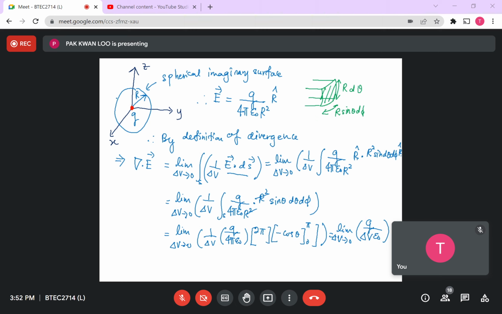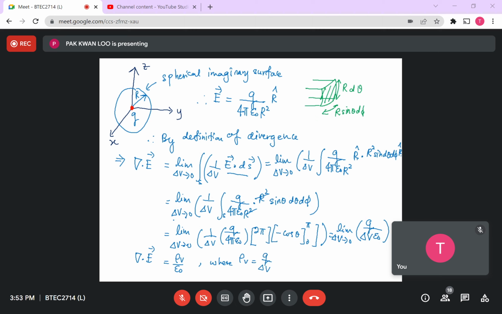If we shrink this spherical volume towards this point charge, it is going to be rho v divided by epsilon, right? So that is my divergence. Where rho v is q over delta v.